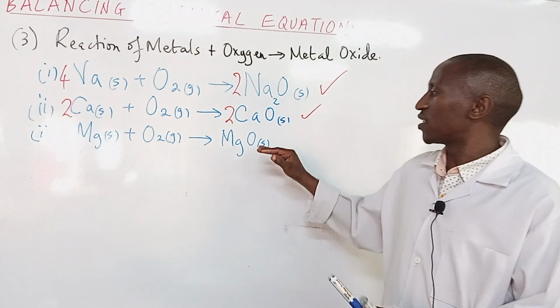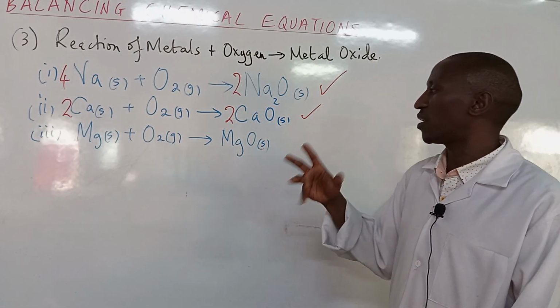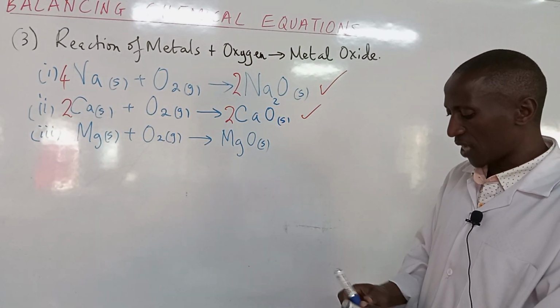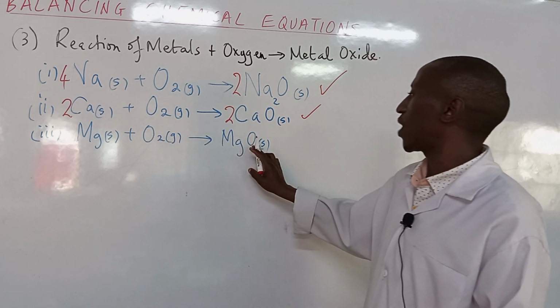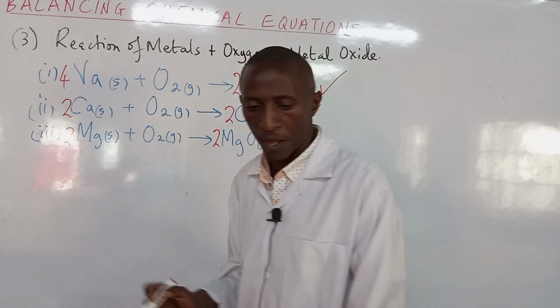So that is what we are having here. Magnesium combines with oxygen in an ionic bond, and that one is formed. We balance that once more. Two oxygen atoms require two atoms here, so we put a 2 and we have a 2 here.